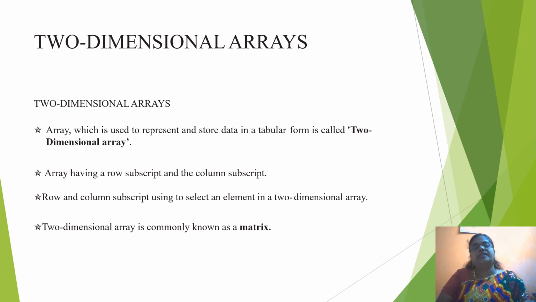A two-dimensional array is used to represent and store data in tabular form. It is an array having a row subscript and a column subscript. The row and column subscripts are used to select an element in a two-dimensional array. A two-dimensional array is commonly known as a matrix.